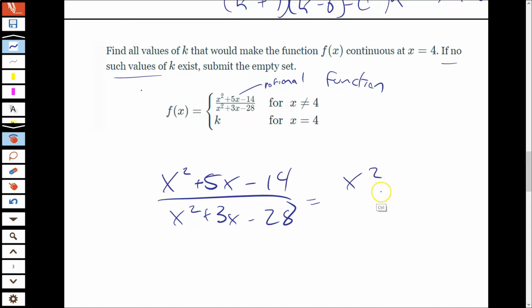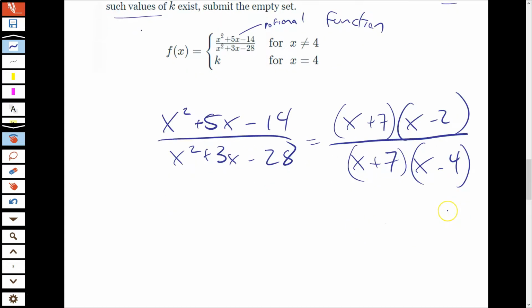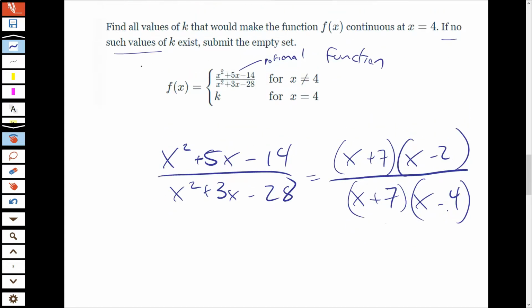Oops, no, I want to say x plus 7. That's what I meant to say. And then x minus 2, right? That's what we would get when we factor the top. And then we have x plus 7 again. And then x minus 4. So there is our factored rational function.